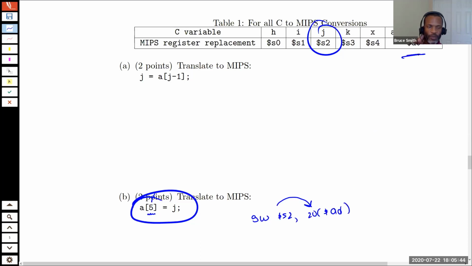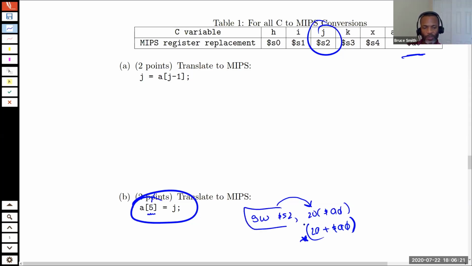So for the array, we're using A sub 0. The way store word and load word both work is they take what you see in parentheses here and add the two values. Oddly enough, it uses the parentheses to represent the fact that these are being dereferenced. So it takes the 20 plus the A sub 0, and it accesses that particular memory address. And that's how it stores it into the data segment.